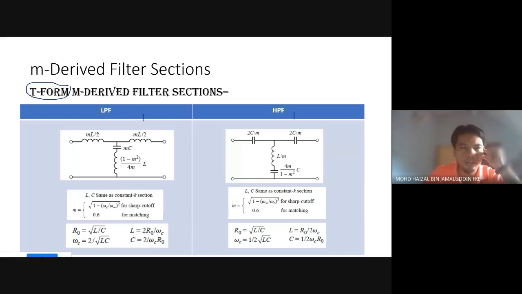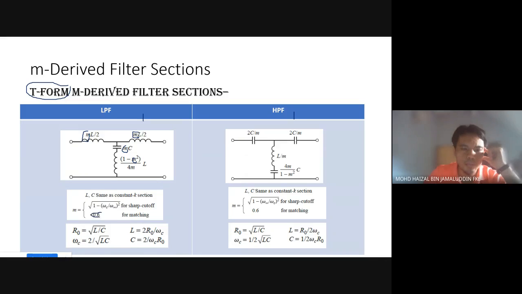In the m-Derived filter section, you have this m value at each of the inductors and capacitors. So what is this value? This value you can choose, depending on whether you want matching.